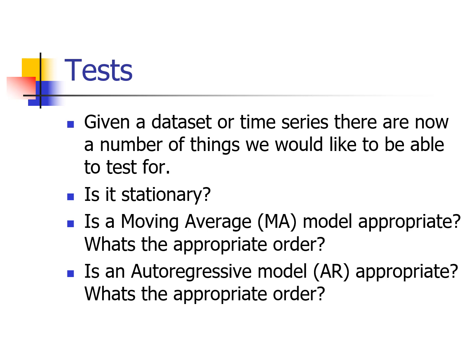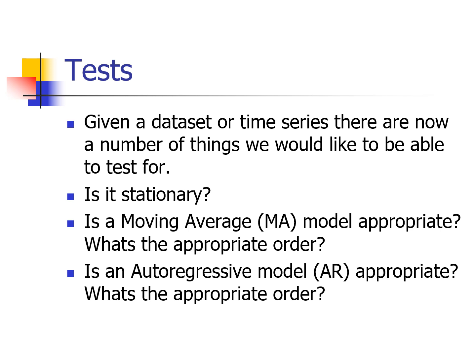Okay, so given a data set or time series, there's now a number of things we would like to be able to test for. One is, is it stationary. Two, is a moving average model appropriate? If so, what order?